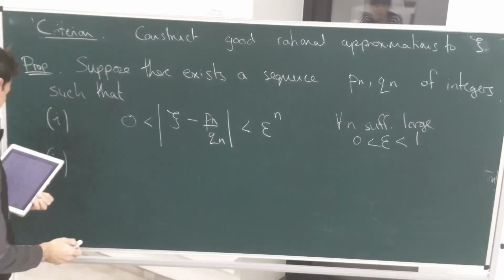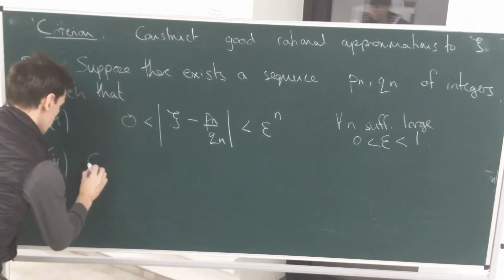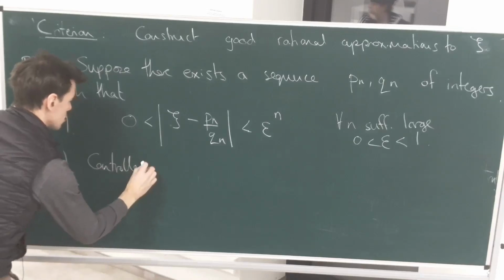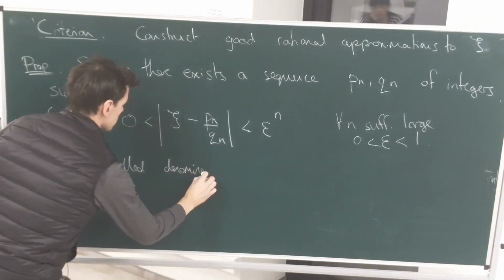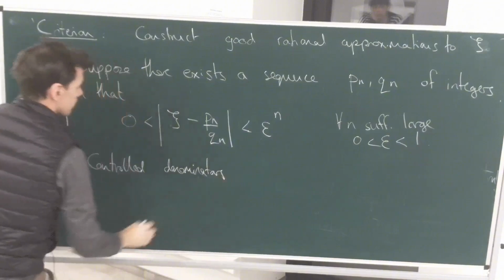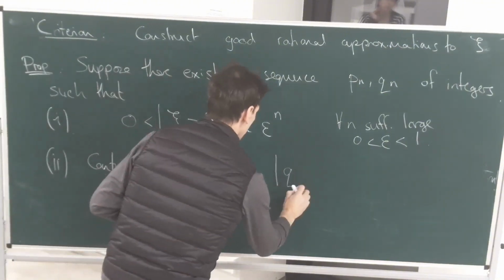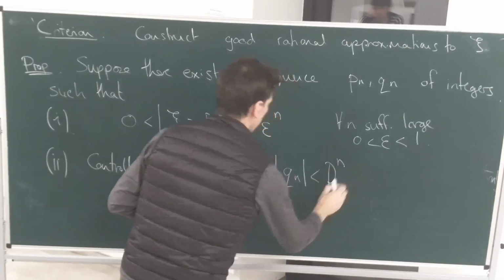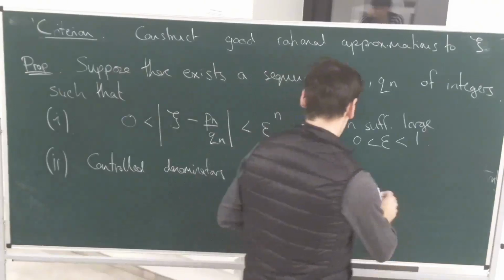And so that's easy to do. Now let's make a constraint on this. So we have to control the denominators. So condition 2: we want that the absolute value of Qn is less than d to the power n, for n sufficiently large.